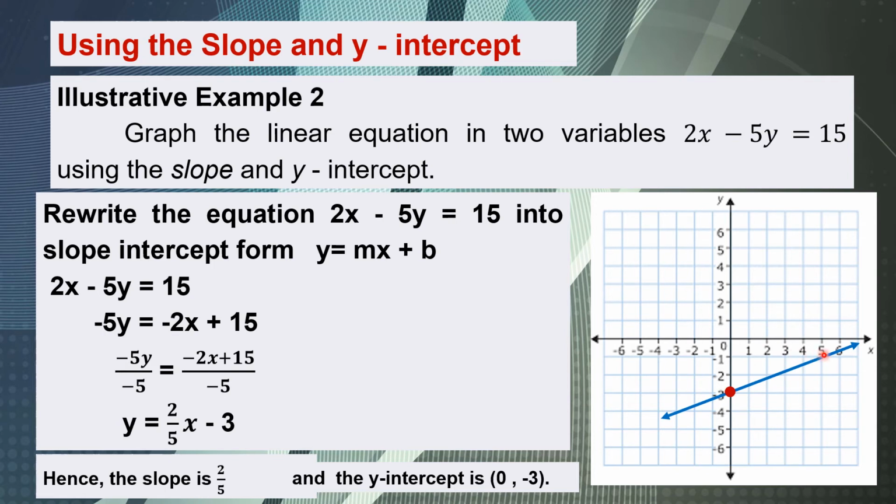So, andito yung ating second point. Okay. So, connecting now these 2 points here, using a line, so we have now the graph of the equation 2x minus 5y equals 15.